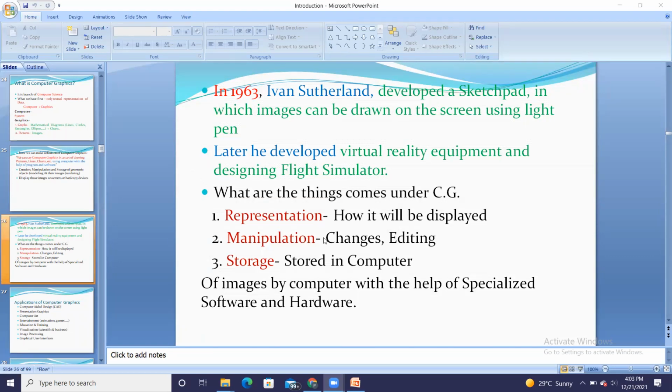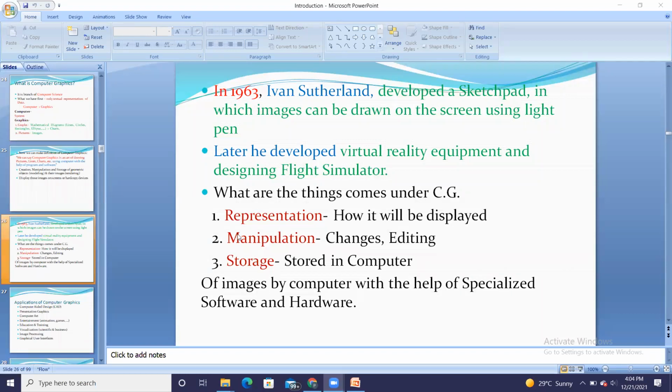Then the things which come under CG are representation, manipulation, and storage. Representation is nothing but drawing the design, manipulation is changing or editing, and storage is storing it in a hard drive. Computer graphics uses software plus hardware in order to carry out all these three functionalities.